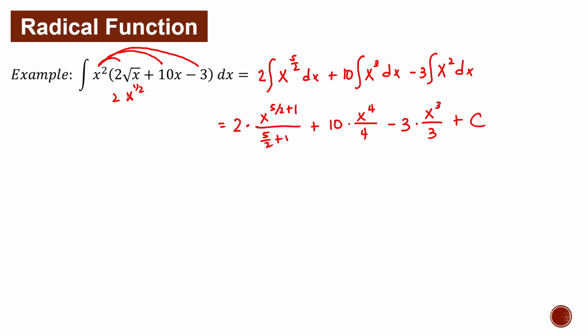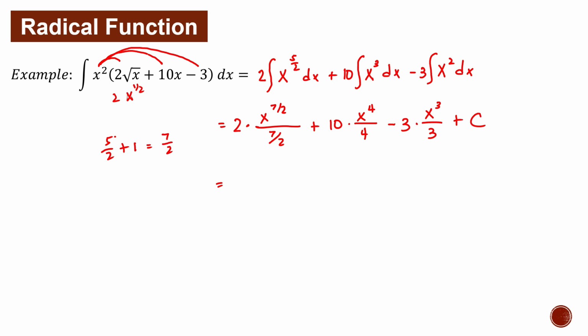Alrighty, so let me just change this. So that's 5 over 2 plus 1 is equal to 7 over 2. So let's just put 7 over 2 here. There you go. So reciprocal of 7 over 2 is 2 over 7.